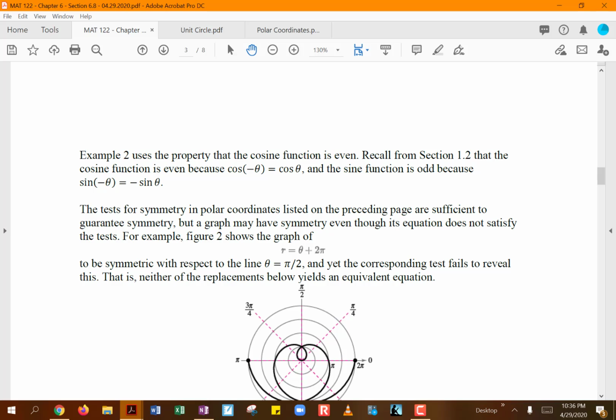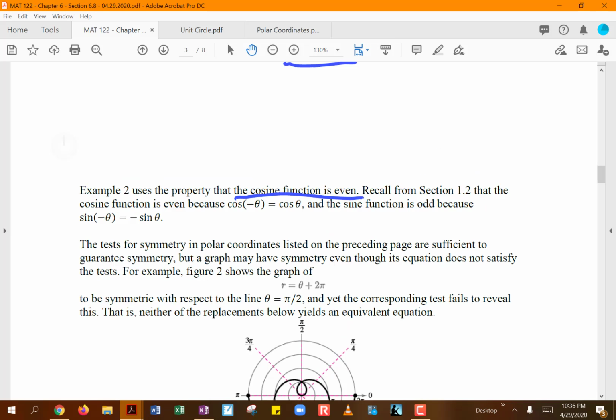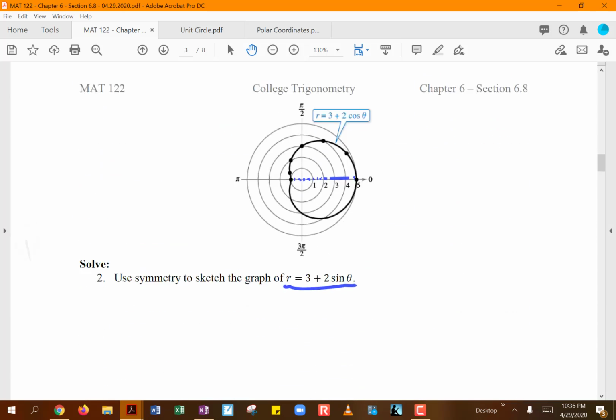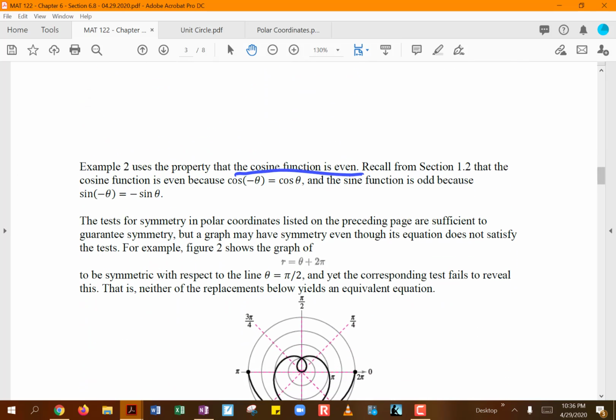Okay, so they're telling us for our example 2 over here, it uses the property of the function that cosine is even. And of course you saw that right over here when we plugged in negative theta for our original theta value. Now you can actually go back to section 1.2 as it says here to look at the definitions, but cosine function is even because when you put a negative theta value, you still get the same value as cosine of positive theta.